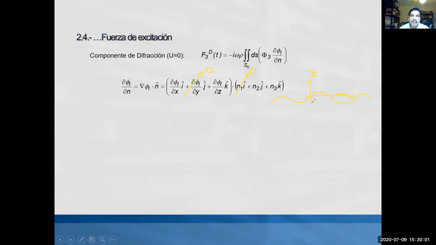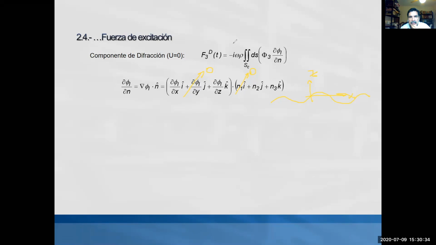So in the direction normal or perpendicular to the plane of the paper, there is no dependence. So this component is equal to 0. So if we make this dot product, then the i and the j components will be neglected, and the only one left will be this one times n3.